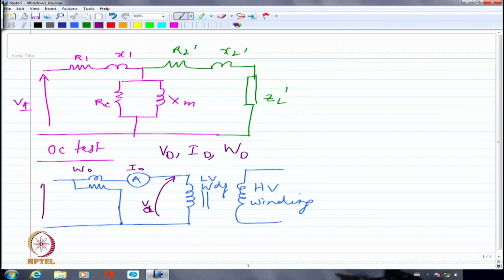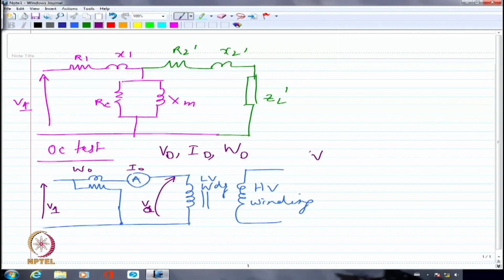And it may be very difficult for me to find the rated voltage if I am choosing the high voltage winding which is to be excited. That's the reason I am trying to conduct this test by applying the voltage on the low voltage side, just for logistics reason, right?